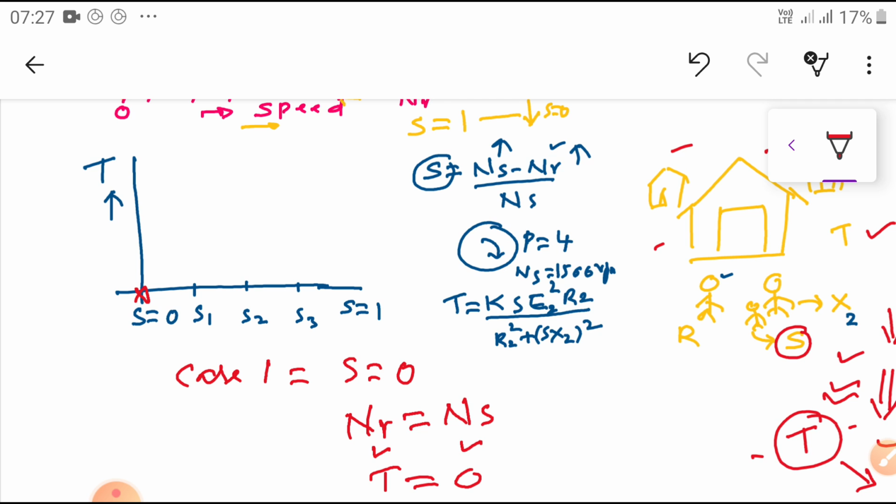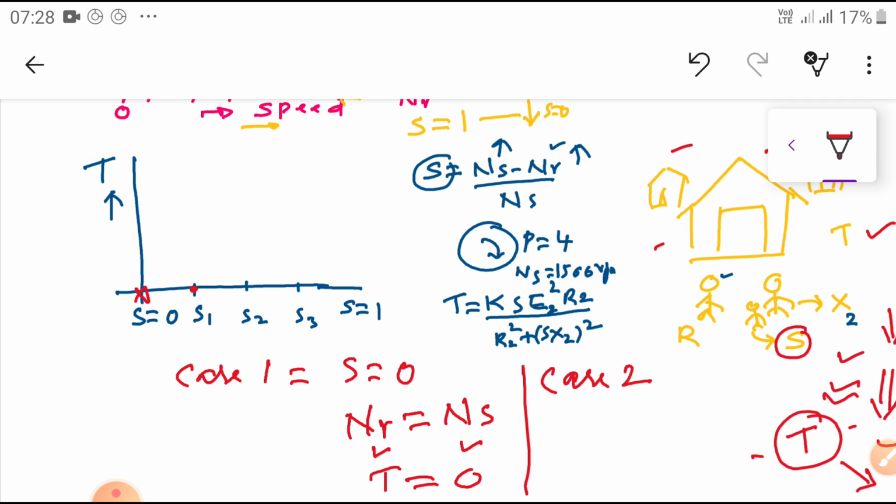First case. Okay, now case 2. In case 2, what has happened? Now when S is very low, you can take this value range.